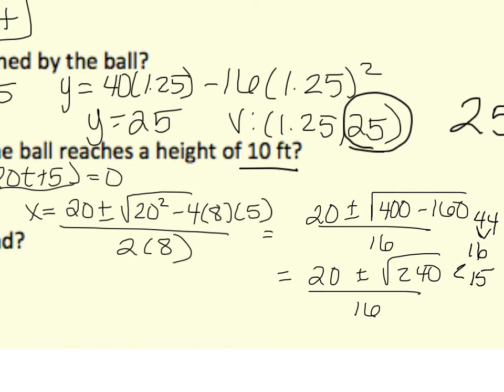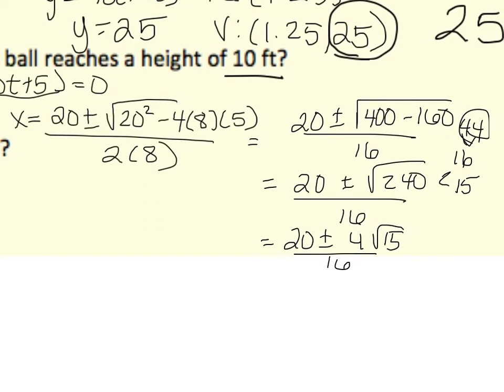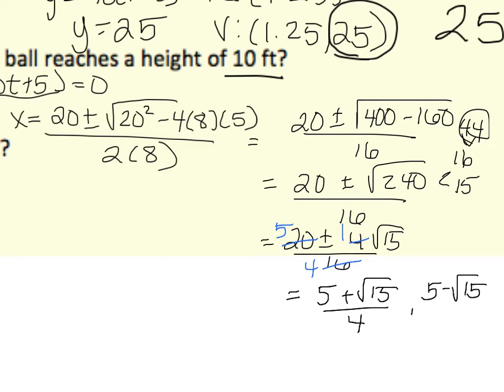And 15 doesn't have any more pairs, so 4 will come out. So 20 plus or minus 4 root 15 over 16. All of those numbers are divisible by 4. So this is going to be 5, this is 1, and this is 4. So your final answer is 5 plus root 15 over 4 and 5 minus root 15 over 4.